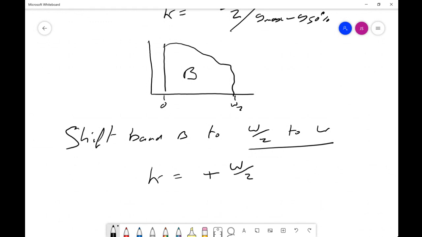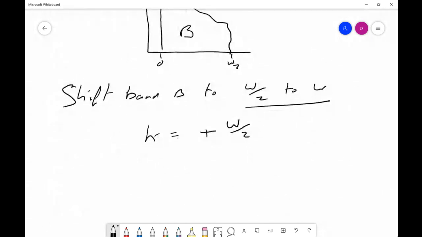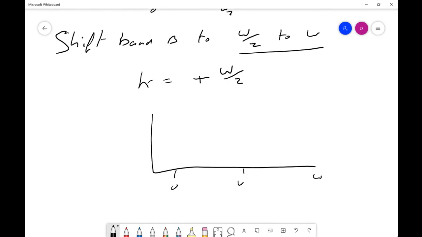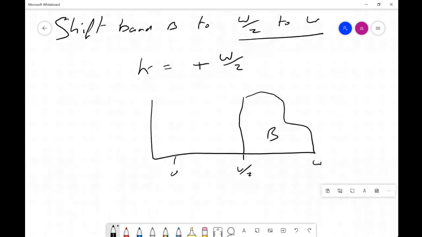In other words, I'm adding W over 2 to everything here, and we will now get the shifted band going from W over 2 to W. That band is going to be there, and it's going to come down, whatever it is, band B to W. So we've now got band B in the right place, and it's covering the top half of the intensities.